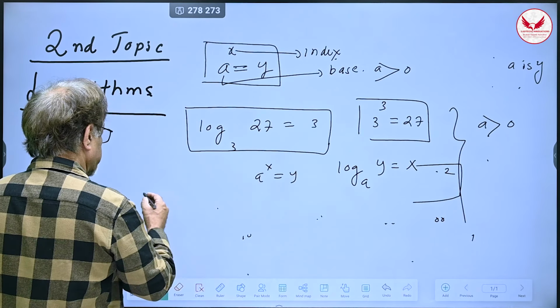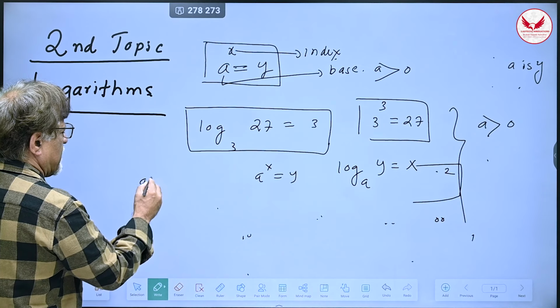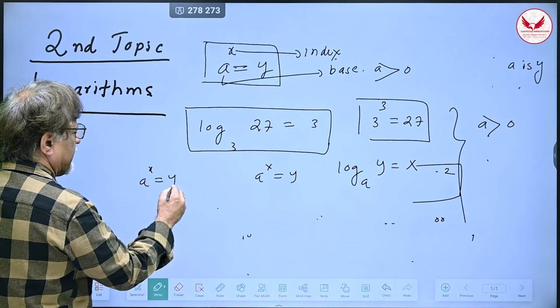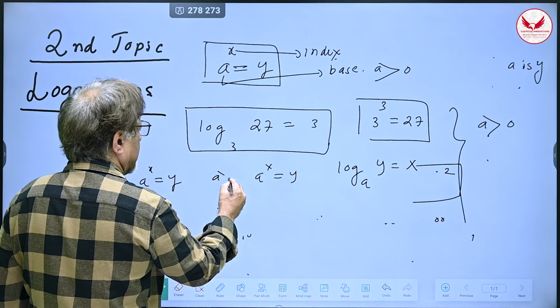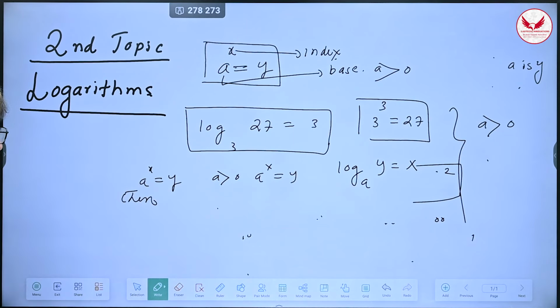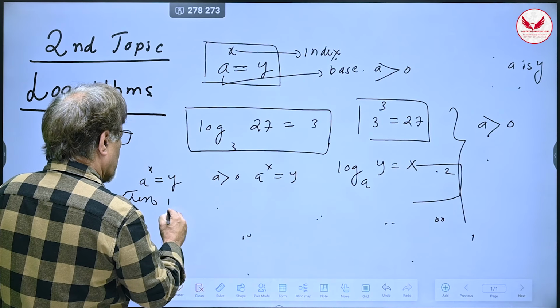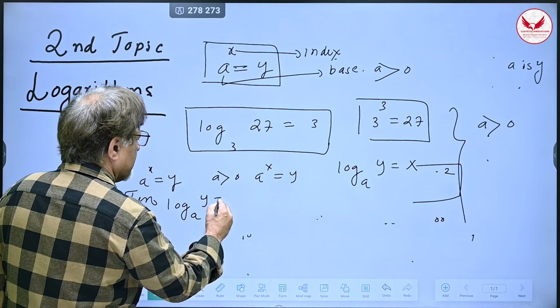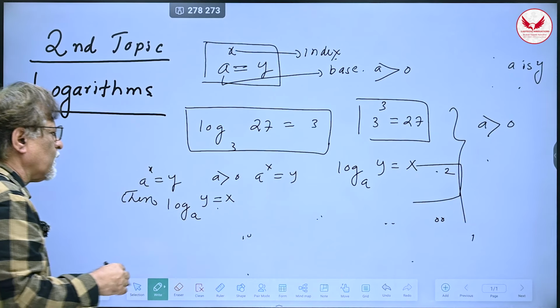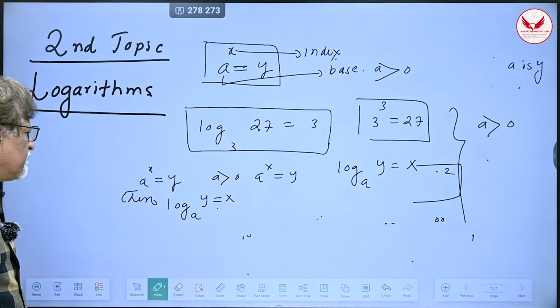So in other words, if a raised to x is equal to y, and remember the condition on a is what? Greater than 0, then log of y to the base a is equal to what? x. The log is a short form of logarithm, right?